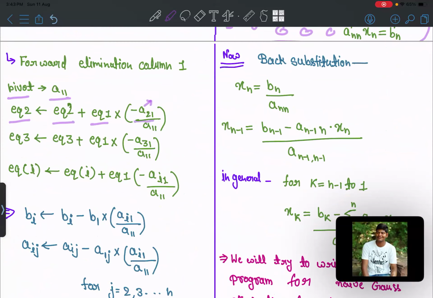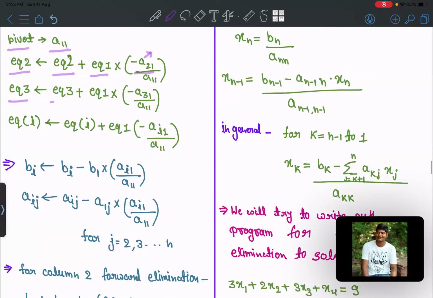Similarly, equation 3 is replaced by equation 3 plus equation 1 multiplied by minus A31 divided by A11. In general, the ith equation can be replaced by the ith equation plus equation 1 multiplied by minus Ai1 divided by A11.